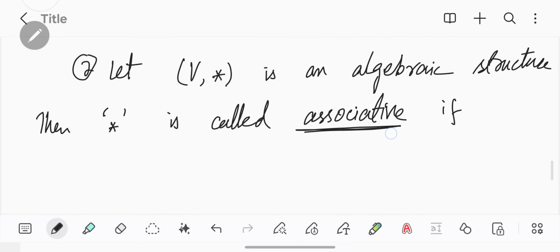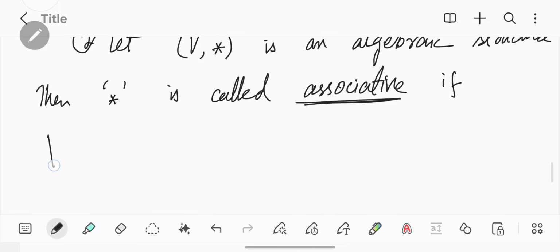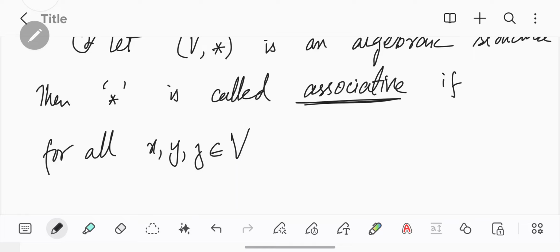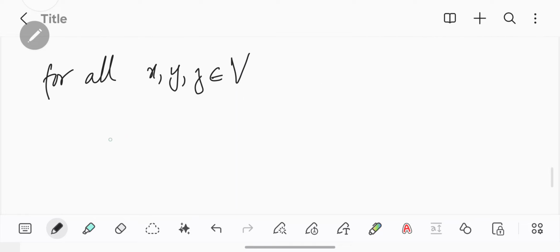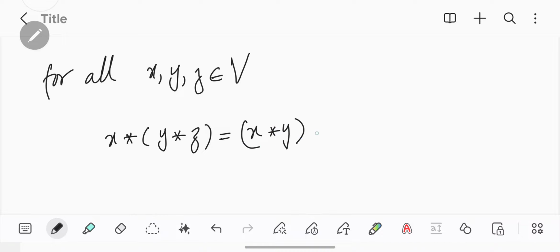But what is this property? It says if for all three elements x, y and z belonging to V, we have (x star y) star z is equal to x star (y star z).